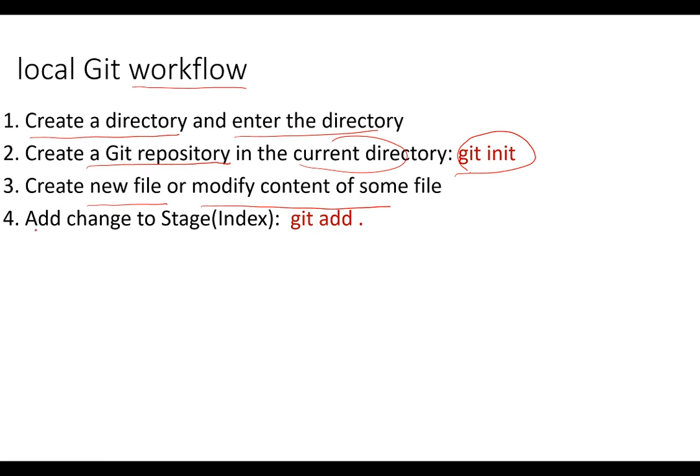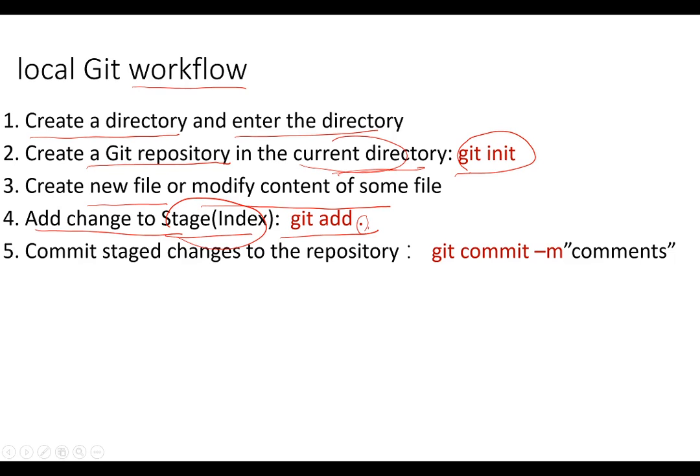Then you should add changes to the stage area using git add dot. Dot means add all the changes in the current directory to the stage or index area. Finally, you should use the git commit command to commit all your changes in the stage to the repository.